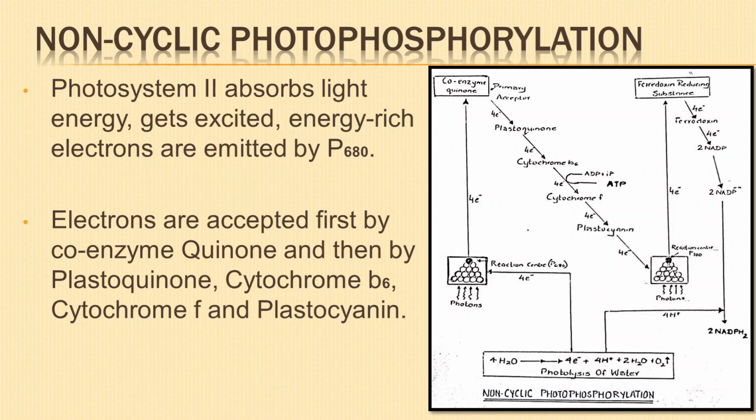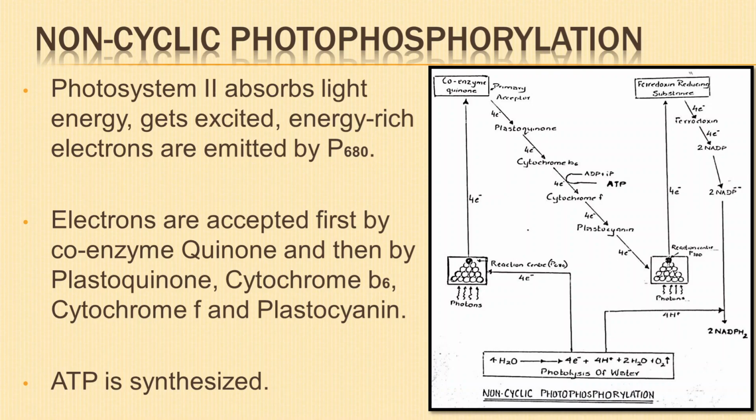From here, the electrons are transferred to plastoquinone, cytochrome B6, cytochrome F, and plastocyanin. One ATP molecule is synthesized when electron passes from cytochrome B6 to cytochrome F.